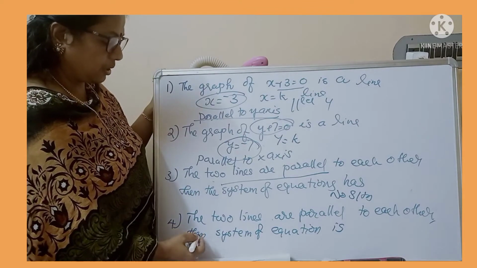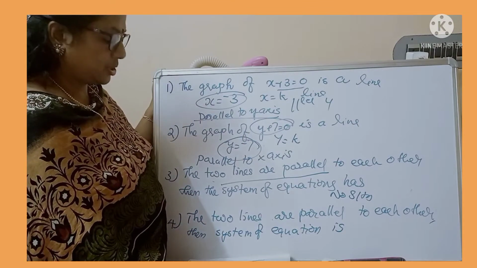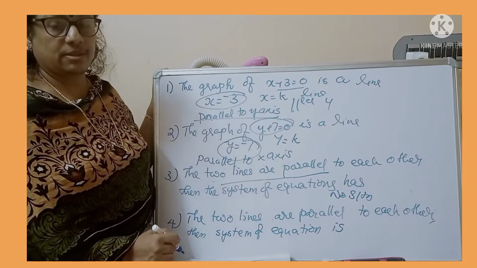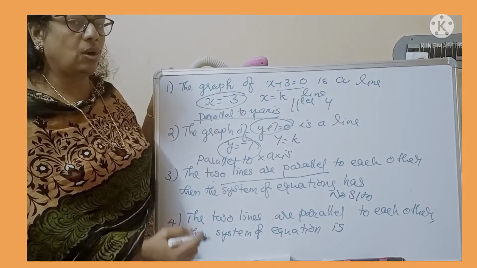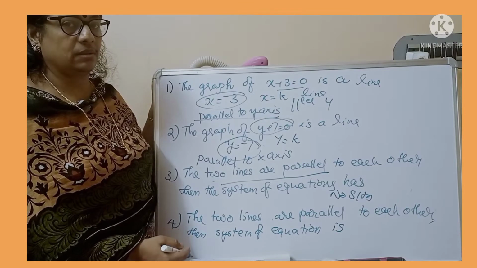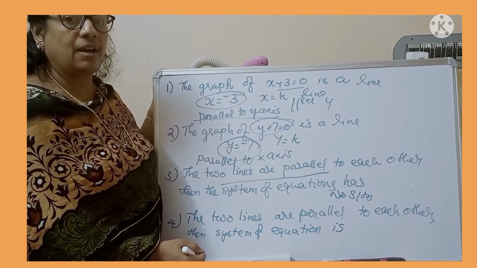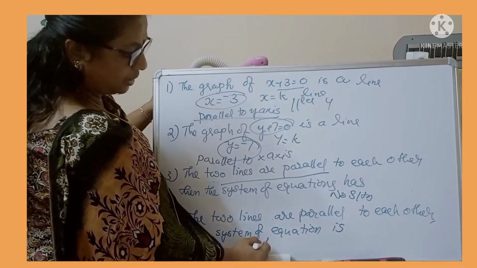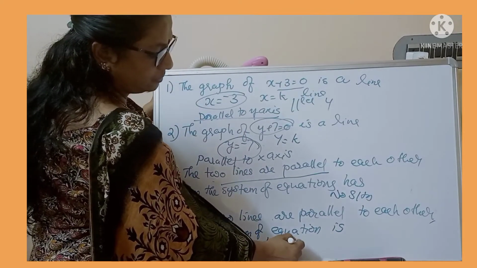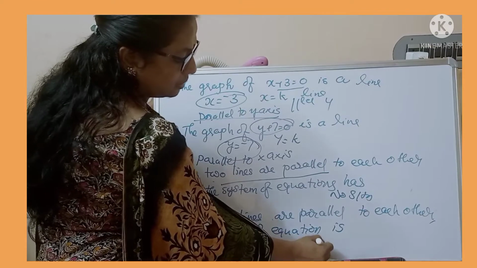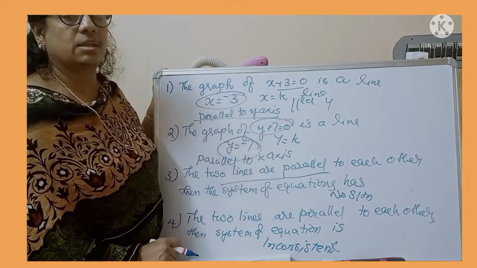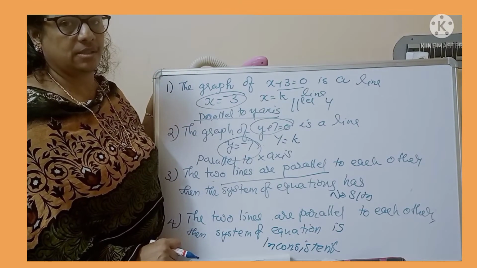The fourth one, the two lines are parallel to each other. The system of equation is consistent or inconsistent. So they are parallel, that means they are inconsistent. The system of equations is inconsistent.